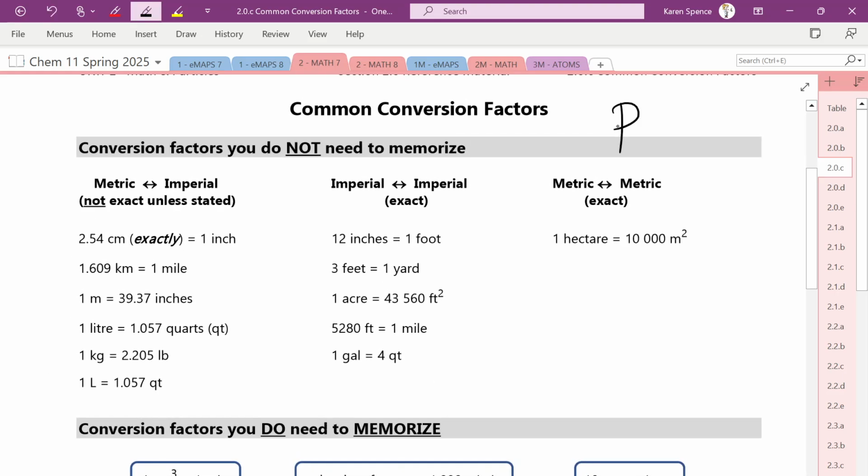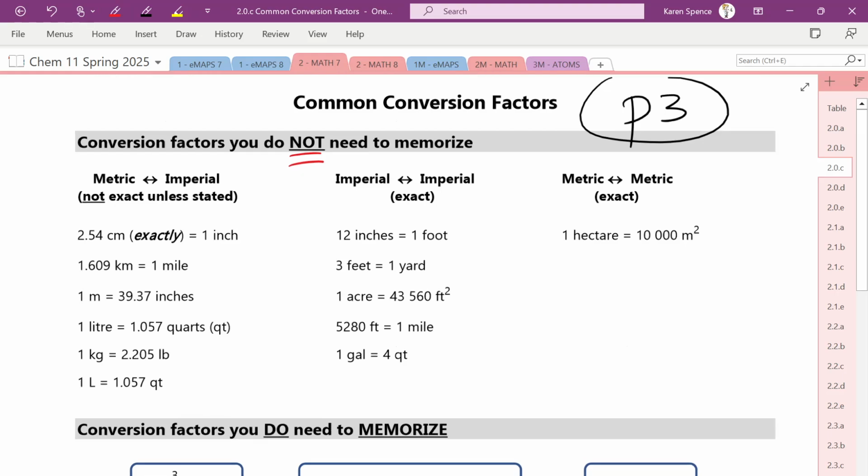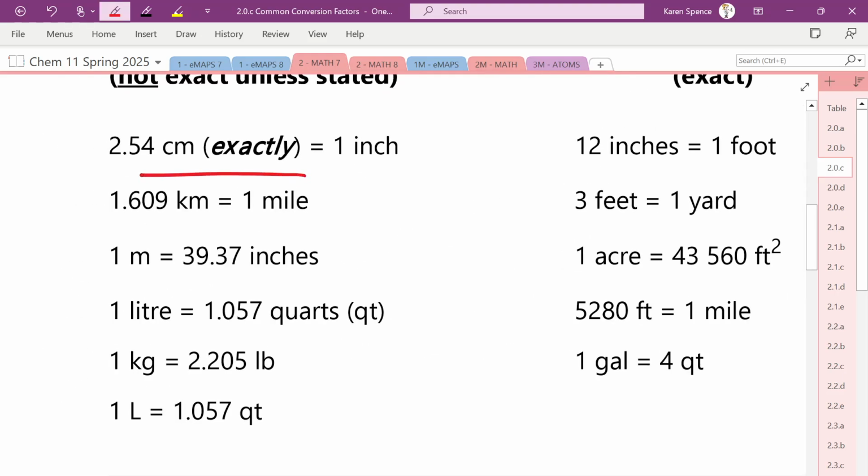These are conversion factors that you do not need to memorize, because they are between metric and imperial. I know that I could go between miles and kilometers. So 1 mile is 1.609 kilometers, and kilometers will get me closer to meters.